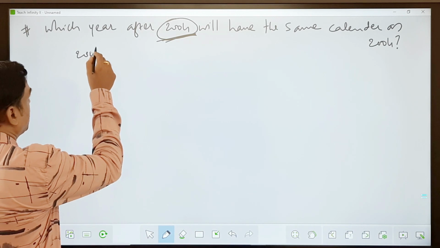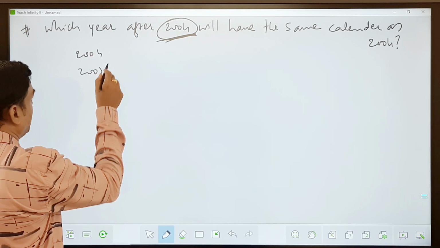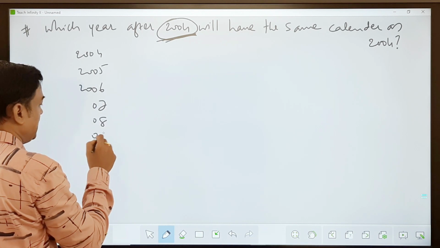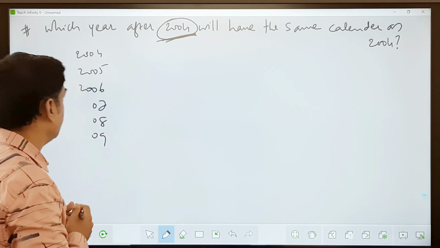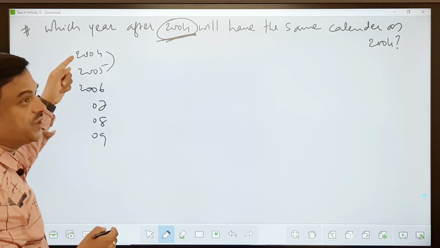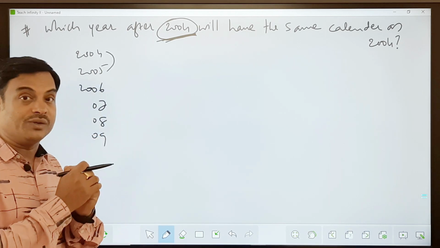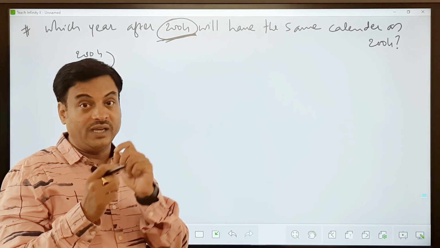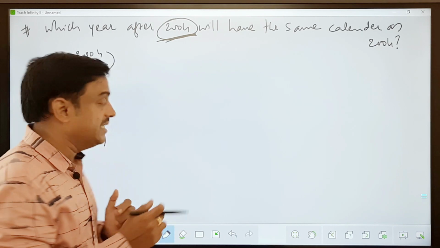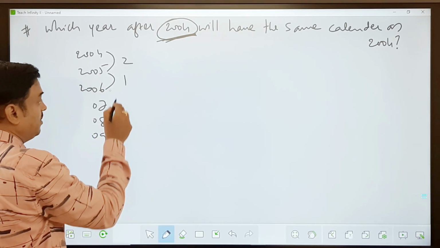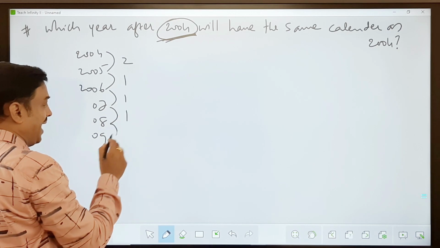2004, okay, and then 2005, 2006, 7, 8, 9 and so on, it goes like that. Now 2004 to 2005, imagine January 1st 2004 to January 1st 2005. February will have 29 days, so I'll add 2 here, and then between these two dates 1, between these two dates 1 and then 2.